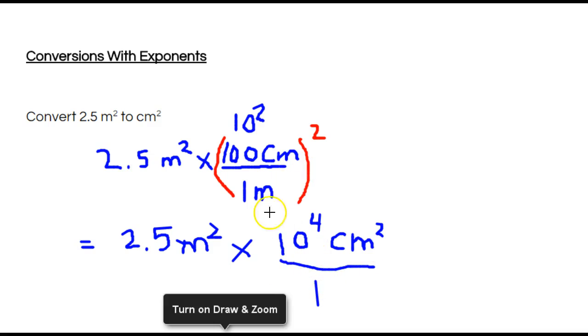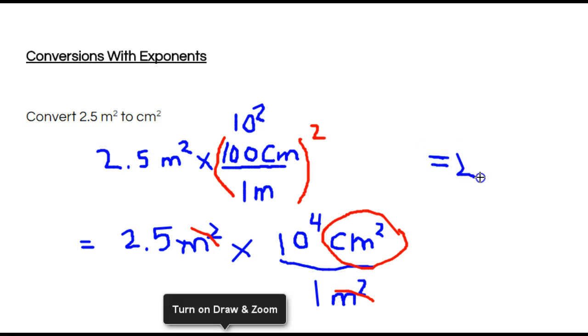And meters squared now. So now I have meters squared, which is going to allow me to cancel out this initial unit of meters squared. And so I just carry on as per the usual. Square meters canceled, and now I have centimeters squared that remain. So now I'm going to multiply my 2.5 times 10 to the power of 4, and that's going to allow me to have the correctly converted value.